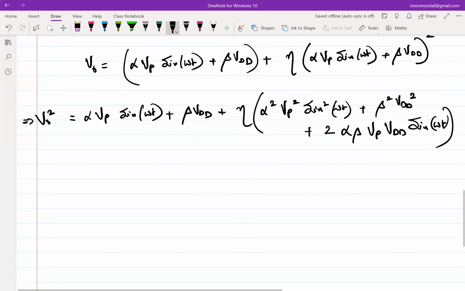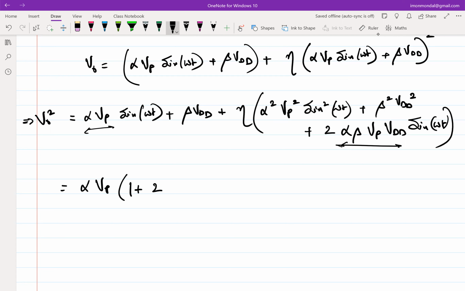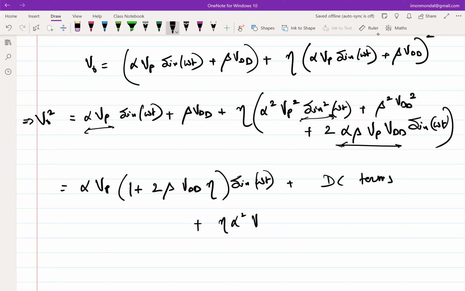Okay, so if I collect the terms of sine omega, I get these two together. So you can already see what's happening. Vp, plus a bunch of DC terms, plus I'll get one extra term at 2 omega because the sine squared term gets converted to 1 minus 2 cosine. So this becomes beta alpha squared Vp squared by 2 cosine 2 omega t.